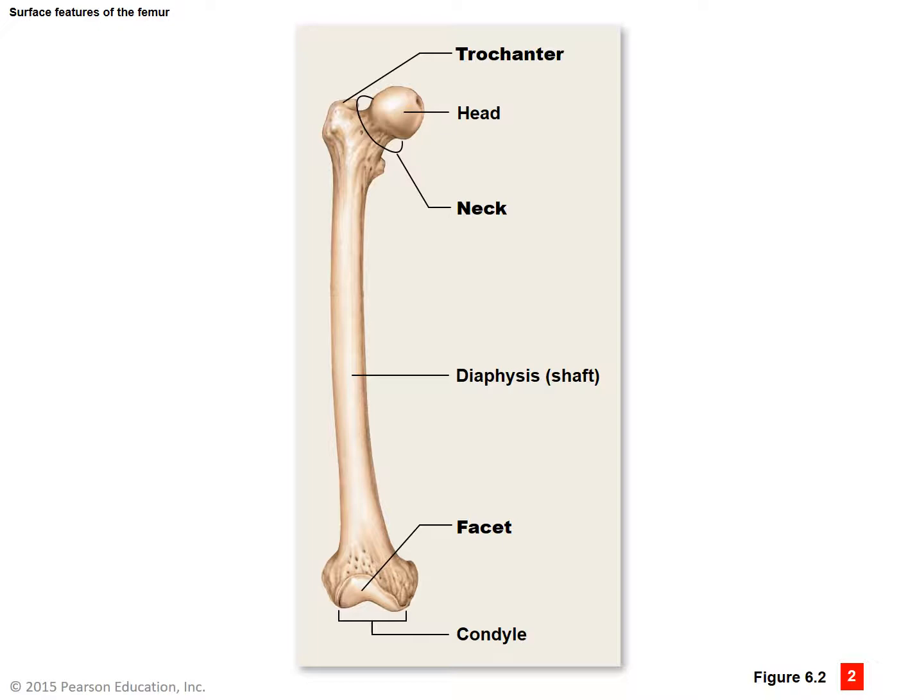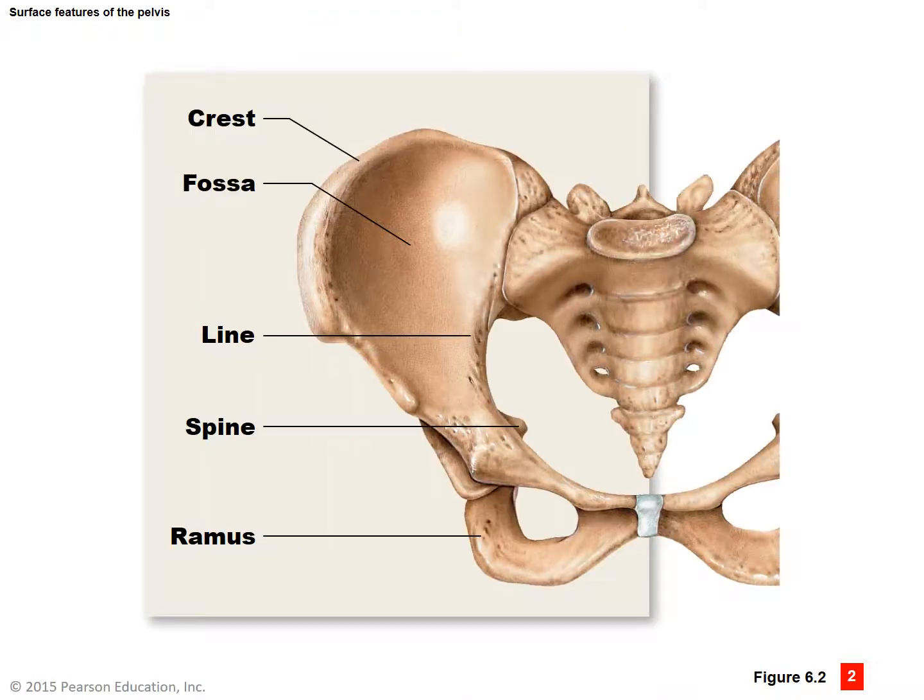A facet is going to be a smoother surface than a trochlea, and again, allow for articulation. Here in the hip bones, we can see a good example of a crest in the iliac crest that is a proper ridge that sticks up as another attachment site. We have a smooth surface of a fossa. This is typically where a muscle or nerve or organ will lay. We have a line, which will be a hard ridge, a spine, which will be a sharp projection, and a ramus, which is an arm-like bend in the bone.